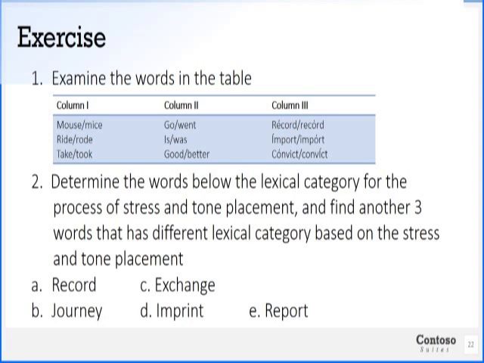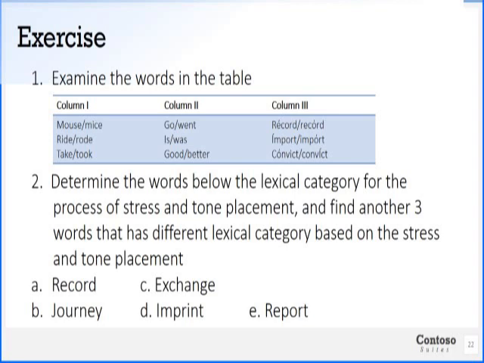Now you have to determine what process is in column 1, what process in column 2, and what process in column 3. Just directly give the answer.